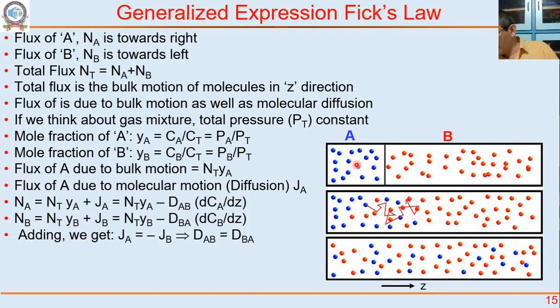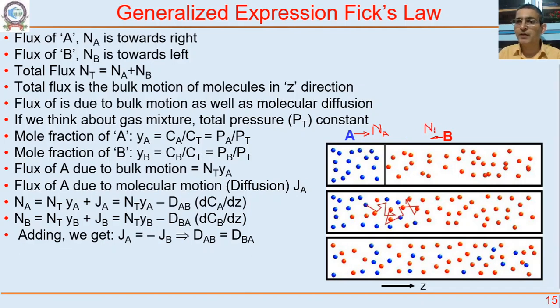Now let's say the flux of A we call NA, that is going towards the right. A is diffusing to the right, B is diffusing to the left. NA is the flux of A, NB is the flux of B. It is purely by molecular motion, no bulk motion.